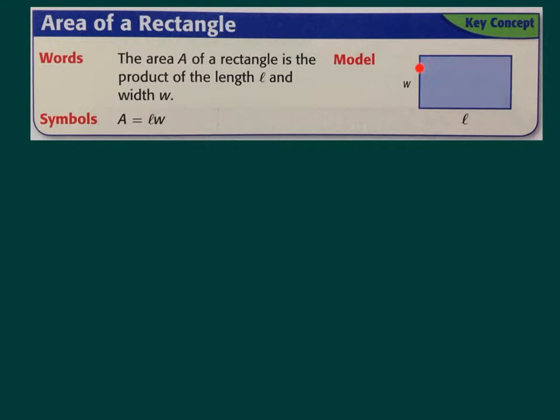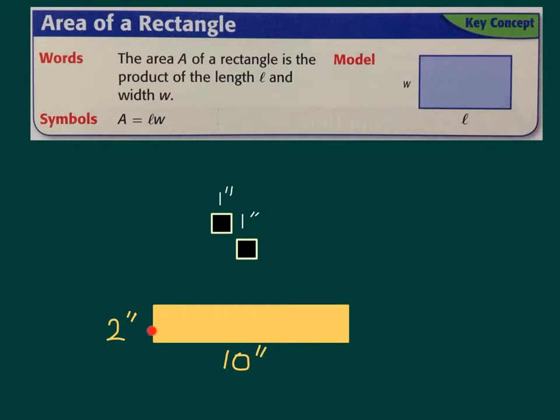So where perimeter measures the distance around a figure, the measurement inside, or the amount of space inside of a figure, is called area. If you remember from previous years, to find the area, I multiply the length times the width. This rectangle is 2 inches long and 10 inches wide. What I want to know is how many 1-inch squares fit inside this box.